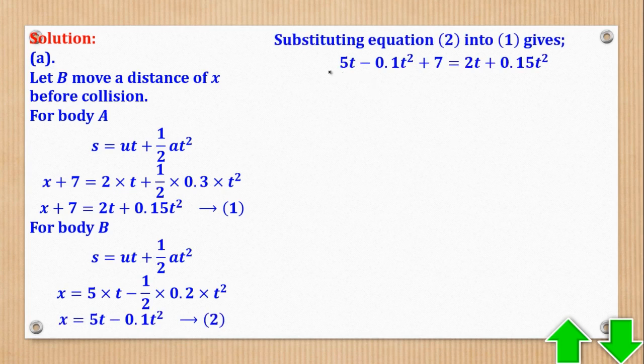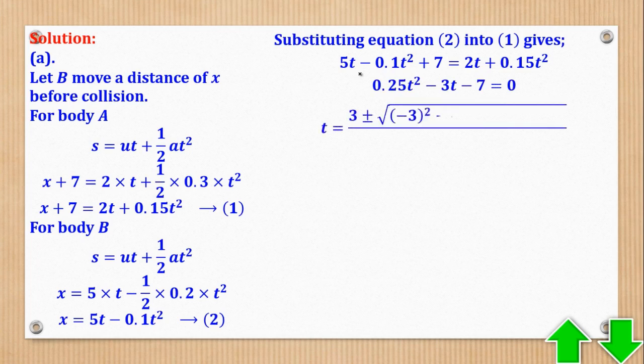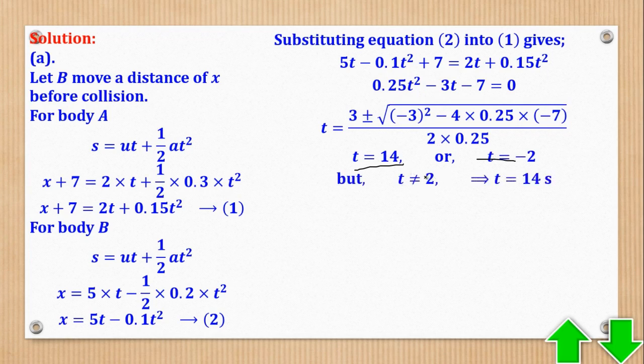Now here I have only one unknown, so I make t the subject. When I collect like terms, I'll get a quadratic and solve it using either factorization or the formula. However, the formula is recommended. I'll come up with two values of t, but one is negative, and t cannot be negative. T cannot be negative 2, therefore t is 14.